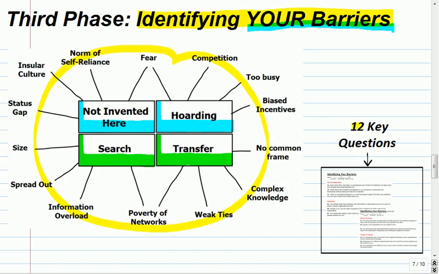Also here we have prepared 2 sets of questions, a total of 12 questions, which will help you yourself and your team to identify which are, for instance, the collaboration barriers which are more frequent in your organization and which are those that are not really representing a problem within your organization.